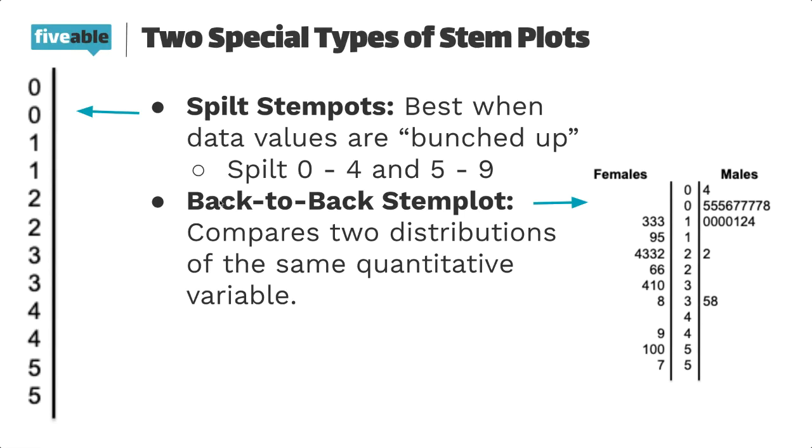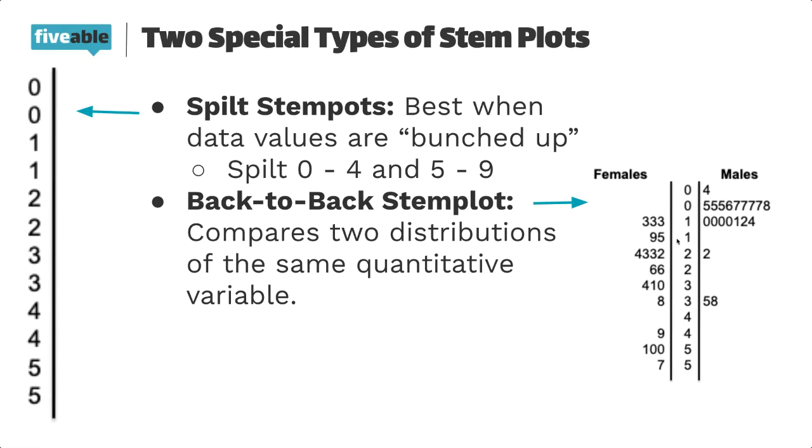Down here, we have back-to-back stem plots. Those allow us to compare distributions of the same quantitative variable. So it allows us to look at our data and compare it with another set of data. Here we have males and females, the number of shoes that they have.